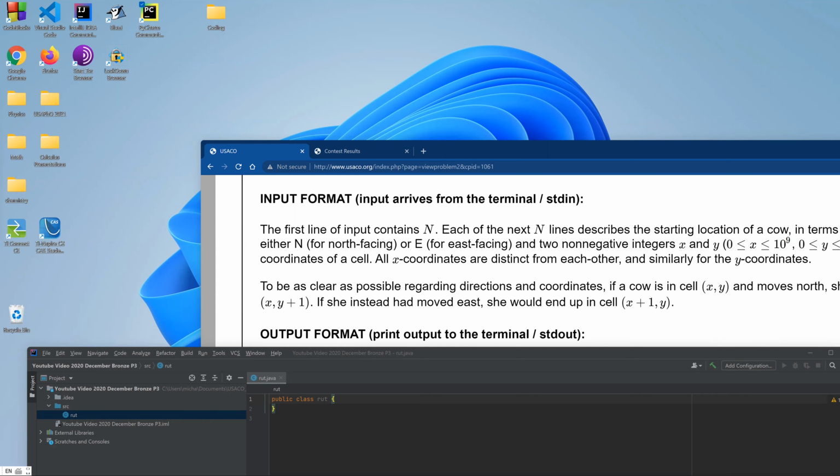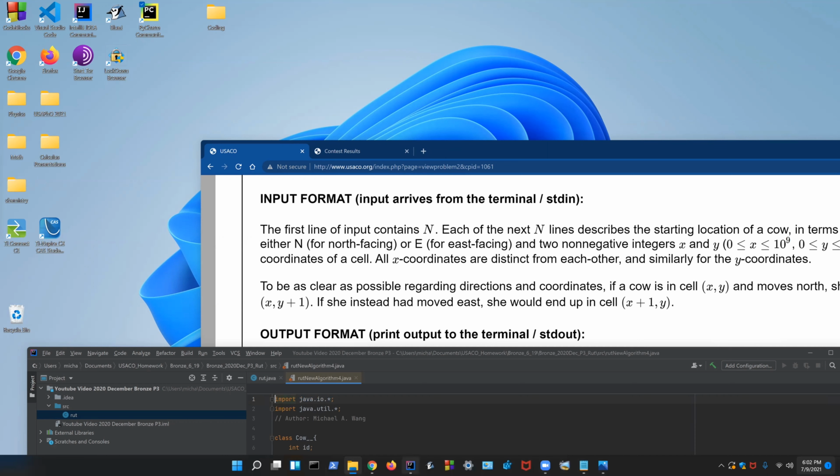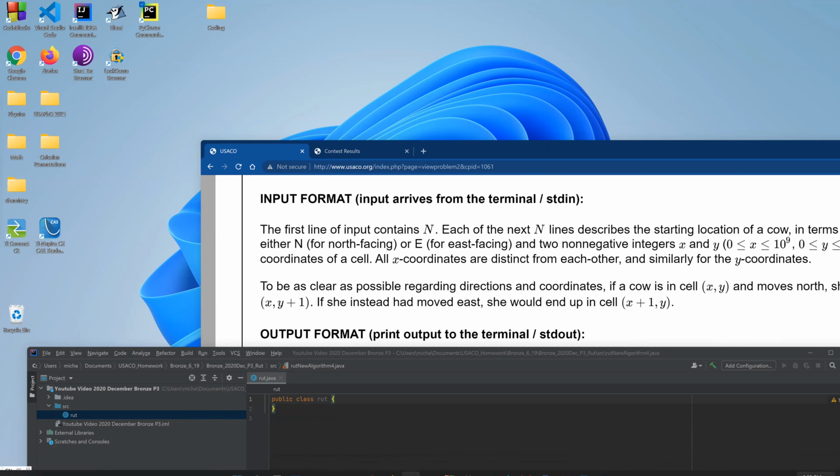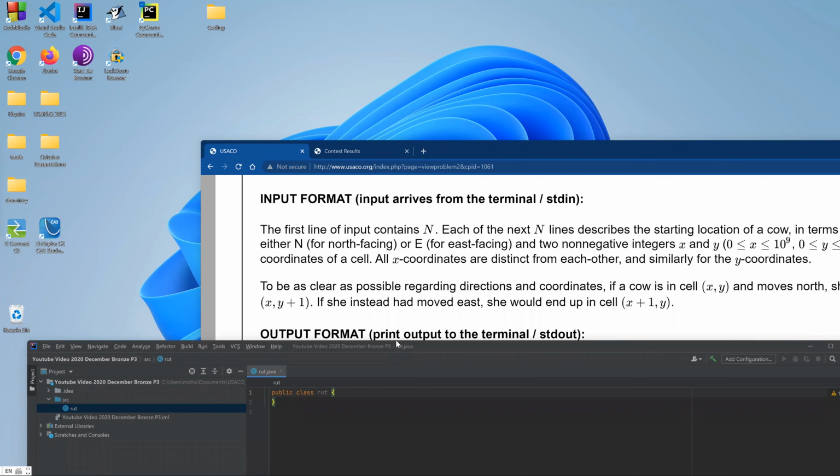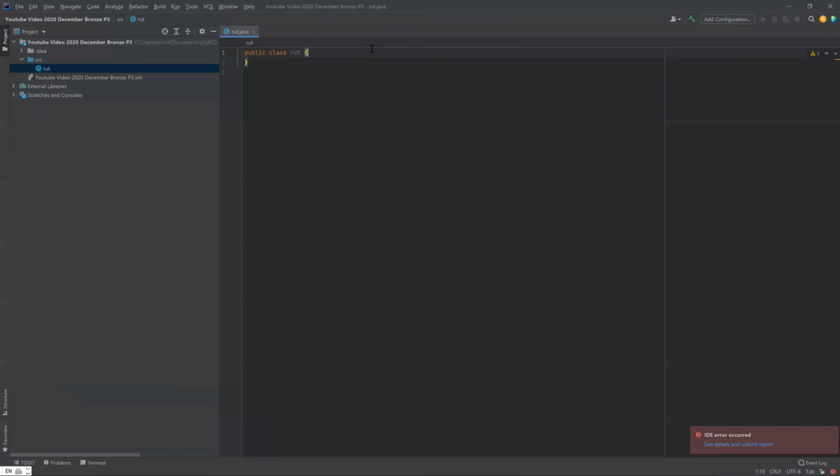Okay. I can't seem to find it. All right, so I got it. Now we can start programming, right? So what we need to import is java.io.*.